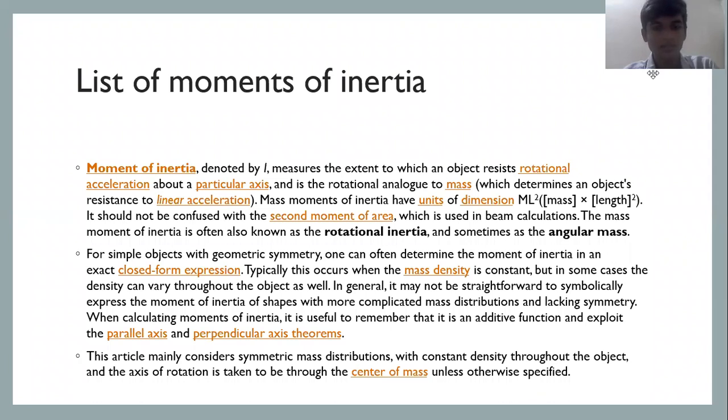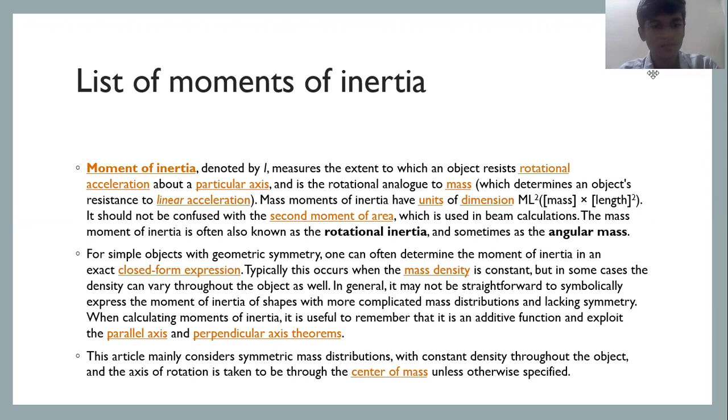Mass moments of inertia have units of dimension mass times length squared, which should not be confused with the second moment of area, which is used in beam calculations. The mass moment of inertia is often also known as the rotational inertia, and sometimes as the angular mass.